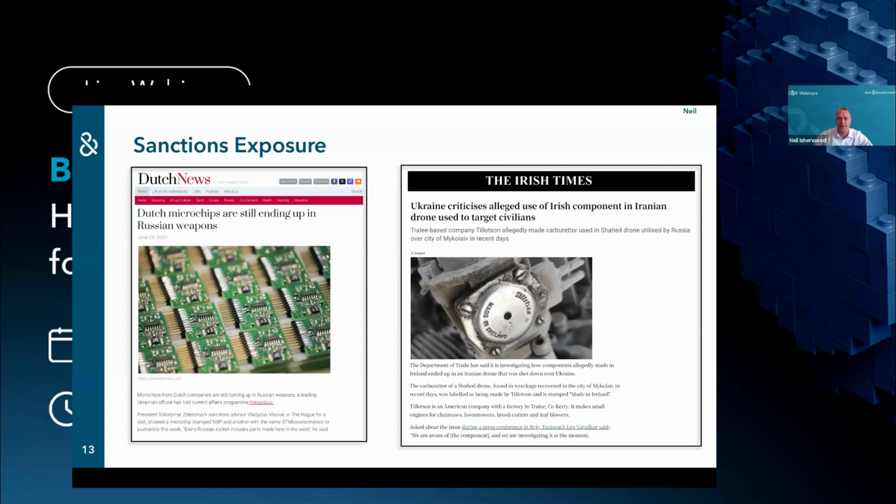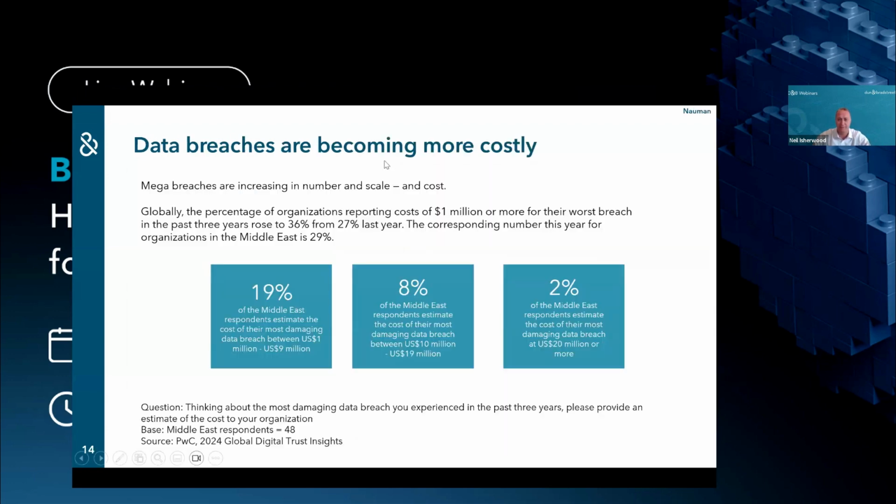Overall, I think sanctions evasion has really become elevated in its importance. And definitely in the UK and Europe, we've seen a lot of companies realizing they need to overhaul their existing controls, and it's resulted in a big influx of work for us at D&B. And now I'm going to hand back over to Nauman, who's going to talk about data privacy and breaches.